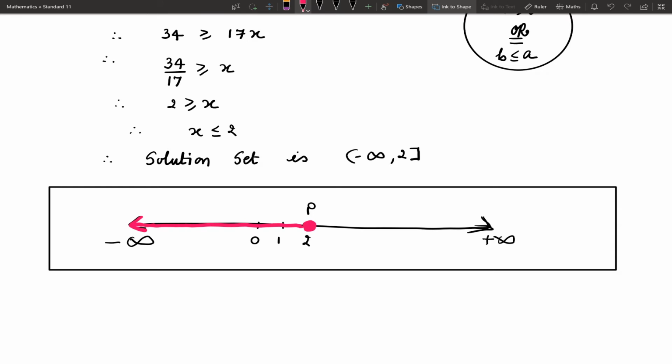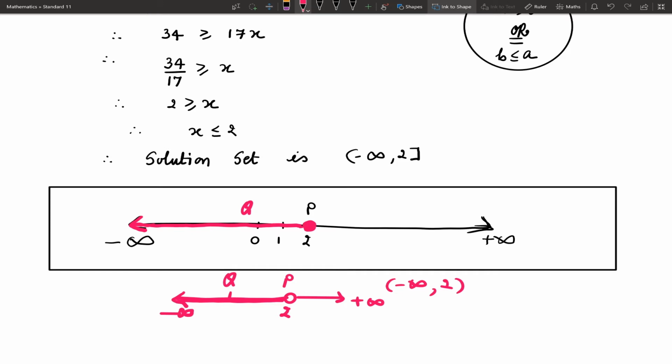But in the case where our solution is, suppose, minus infinity to 2 open interval, now we cannot include 2 because at 2 it is an open interval. So in that case, to omit 2 we will draw a hollow circle at 2, and this is the solution part, which we denote by a bold part.